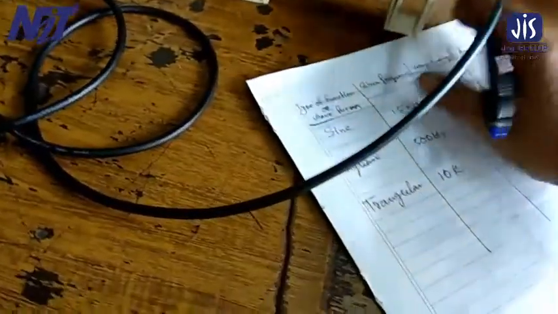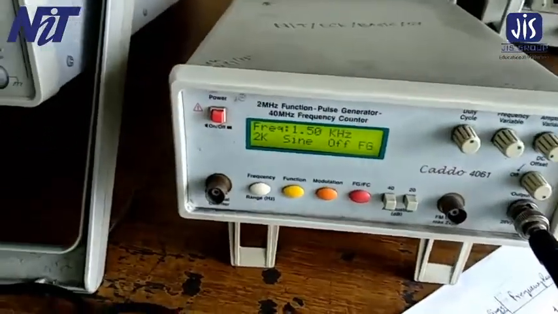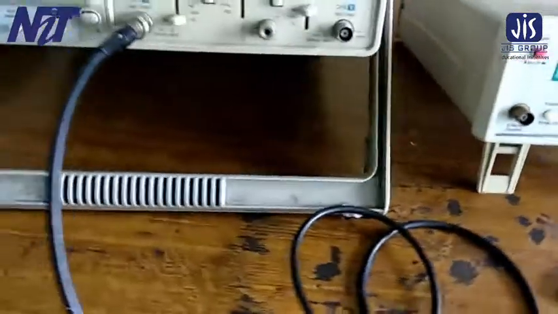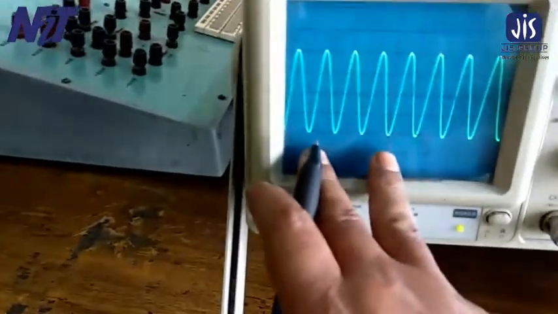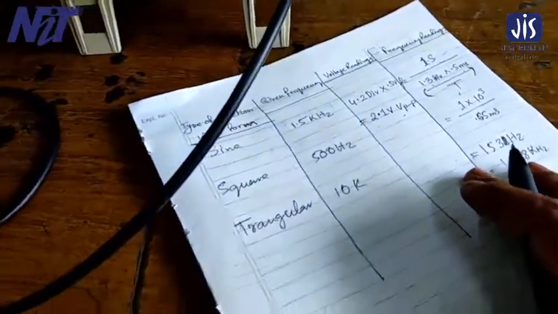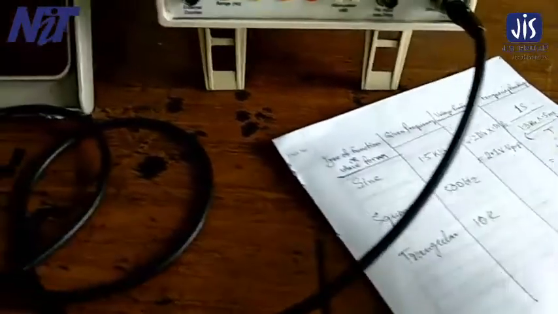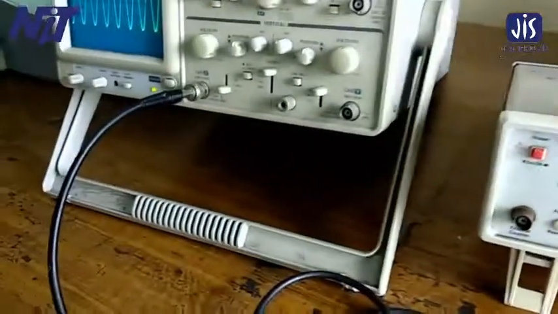Accordingly you have to check all the frequencies. First you generate the signal with the given frequency, then read the waveform on the oscilloscope and put your values in the table, where you can show your calculation of how you achieved it. Thank you very much.